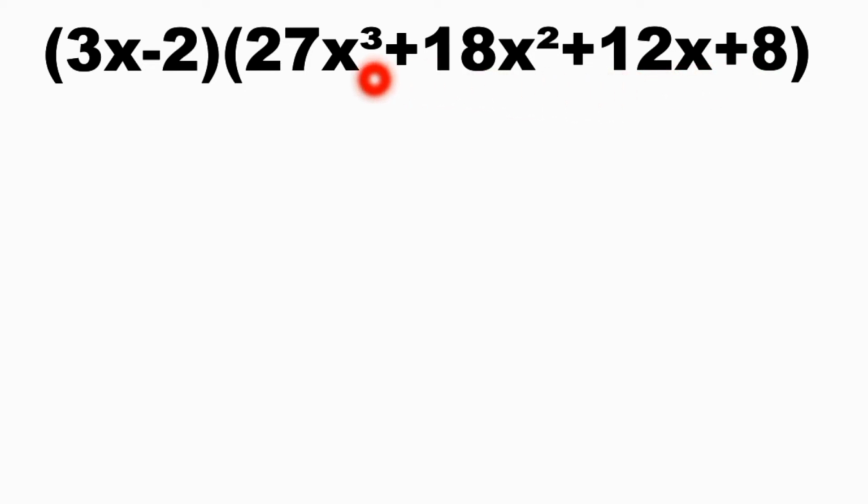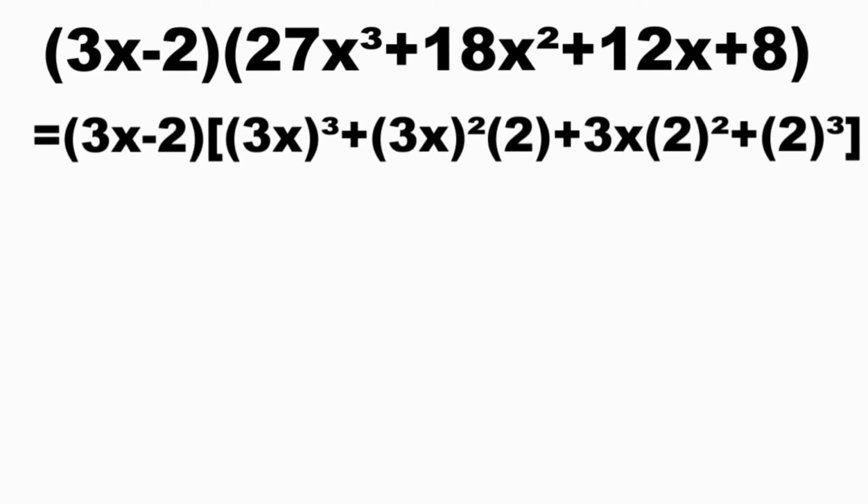Here the 27x cubed is from 3x cubed, and this one is from 3x squared times 2, and this one is from 3x times 2 squared, which is 4, so 12x. And the last is the cube of 2, which is 8.